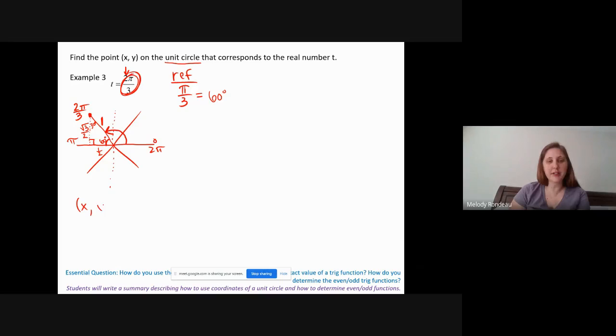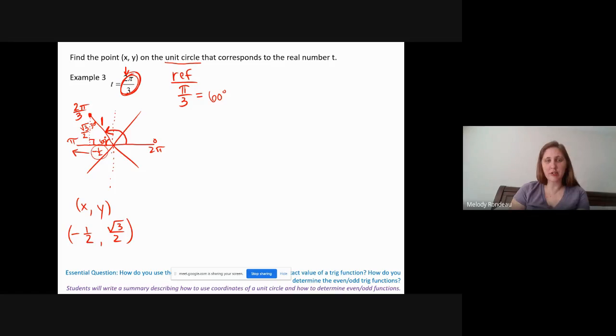We're trying to build X and Y. My X is this number down here, but on a graph, I would say this is negative 1/2 because I went left. So when I build my ordered pair, this is negative 1/2, and then I go up √3/2. Even though the length of the side of the triangle would be 1/2, because we're on a graph, the location matters, so it would be negative 1/2.